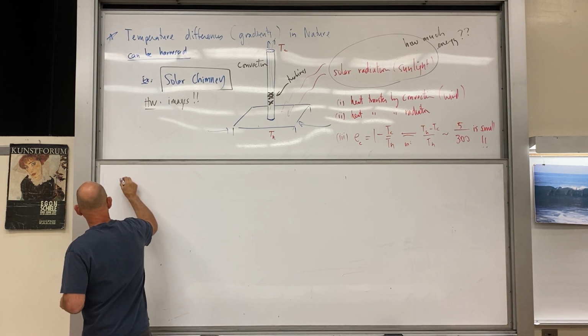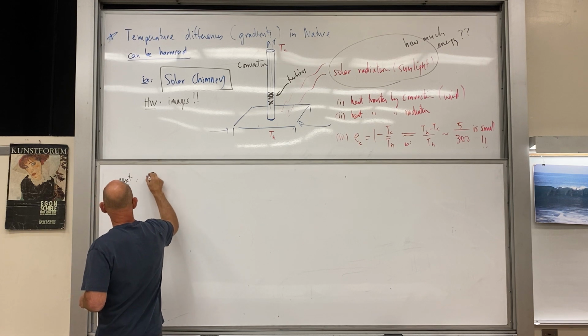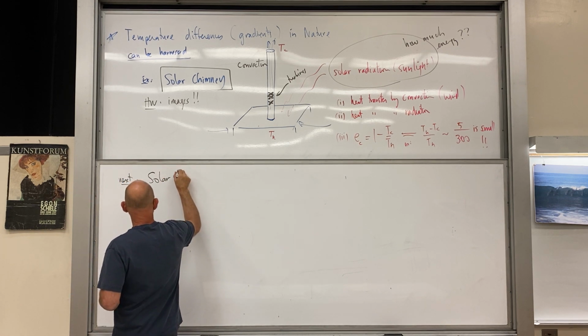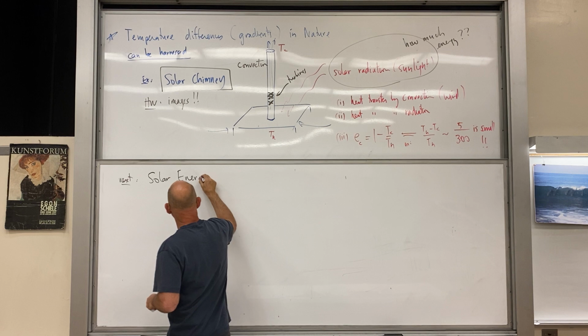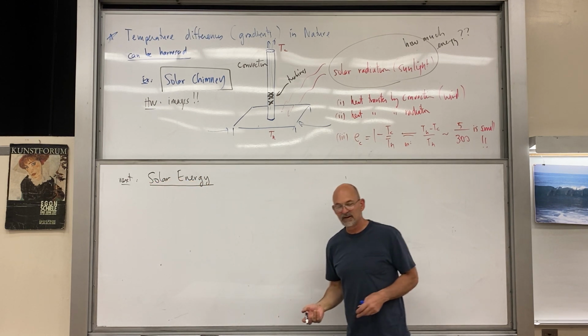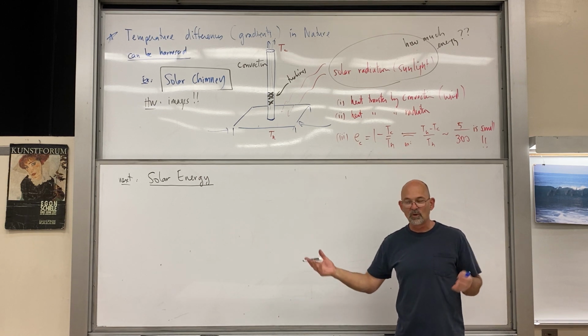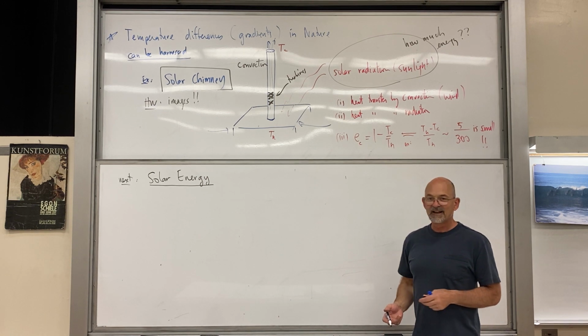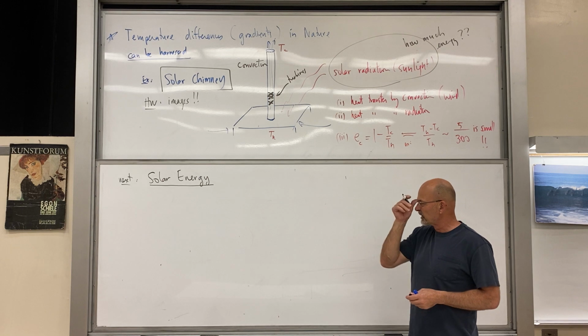So next, solar energy. So we leave something out in the sun, it warms up. We go in the sun, we're warmed. Sunlight can melt things, etc. That's what we're talking about, solar energy.